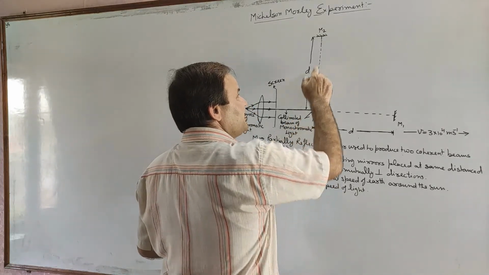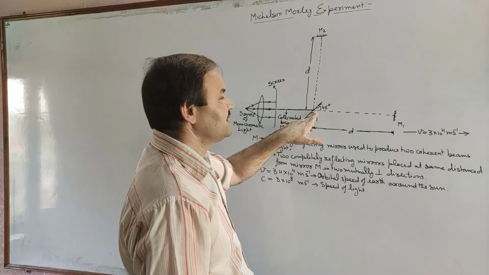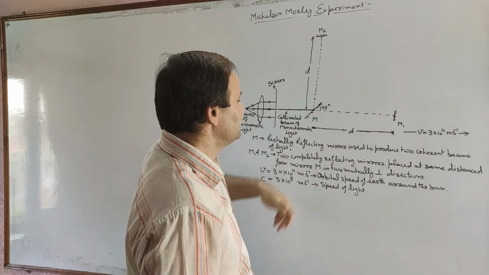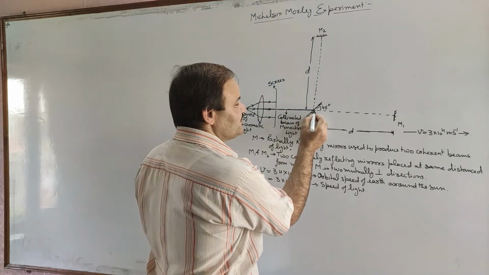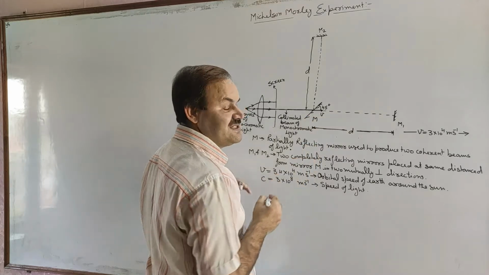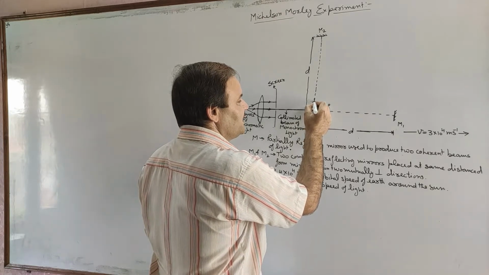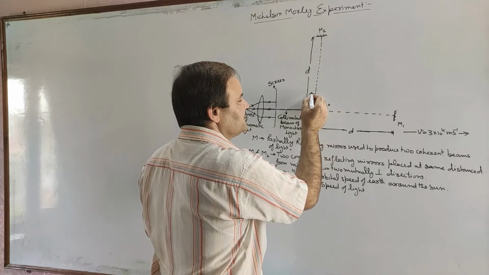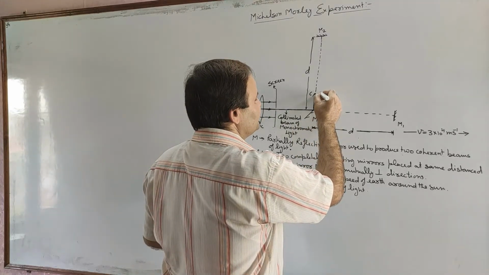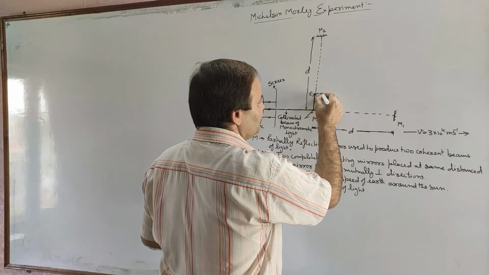Now, if we consider the light reflected from M and reaching mirror M2, then this light will have two components of velocity, one along the horizontal direction having speed v and another along the vertical direction having speed c, the speed of light, and the resultant of these two can be obtained by the parallelogram law of vectors.